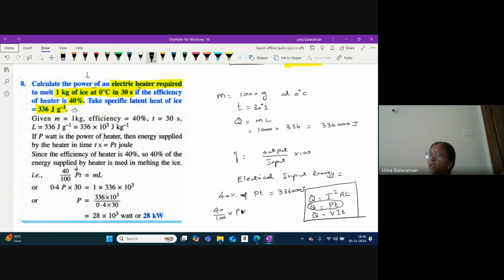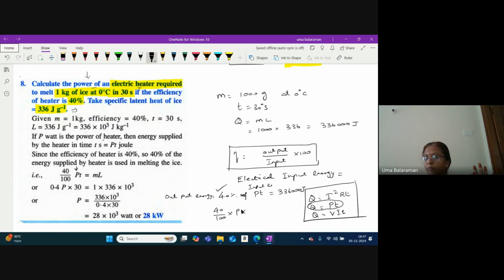Only 40% of input energy is converted to output energy. Just substitute in the above equation. We are calculating that only. Output energy is 40% of PT, forty percent of input energy.